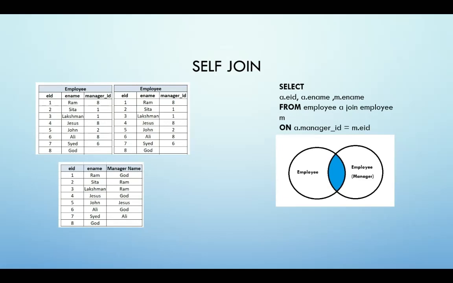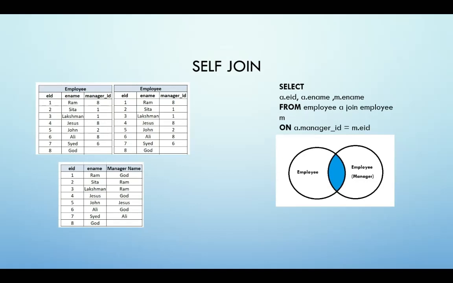As a single table is participating in the join criteria, we call it a self join. If you see the employee table here, the data of the employee table is the same in both. One set of the employee table I have taken as employee level information, and the other set I have taken to represent the manager level information.